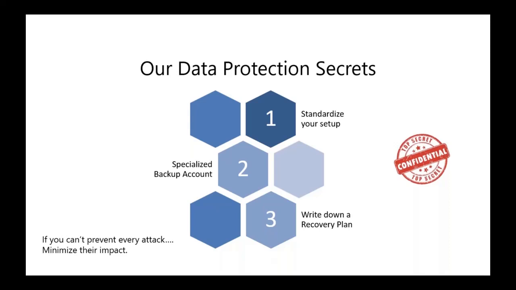Just standardizing that, locking down things as much as you can, and having a specialized backup account that is the only thing that can target your NAS, with very limited resources and limited permissions on those types of accounts. Basically, using a least privilege scenario to make sure that if for some reason that is breached, it's very, very minimal impact across the networks.